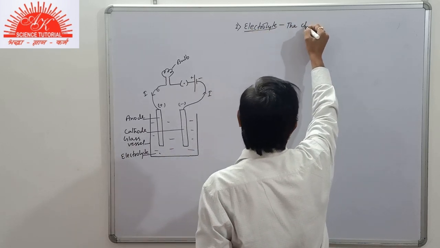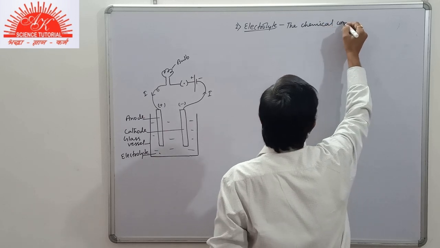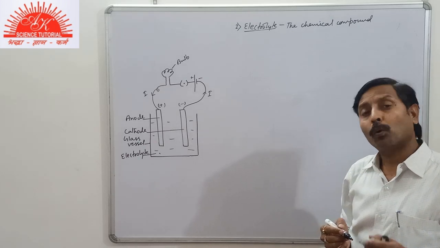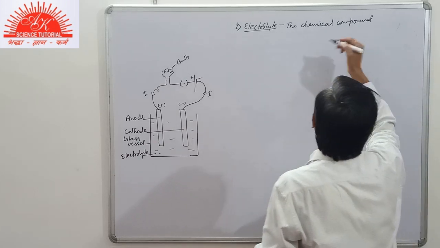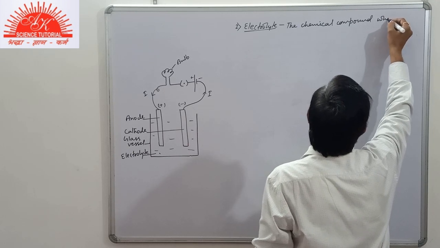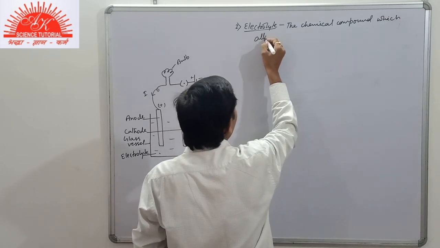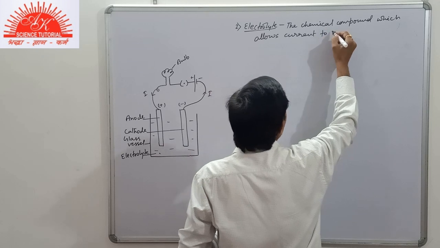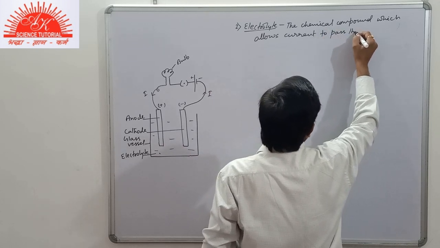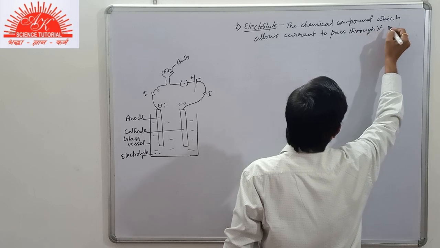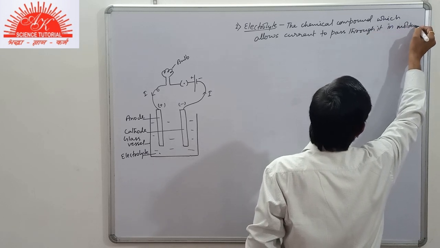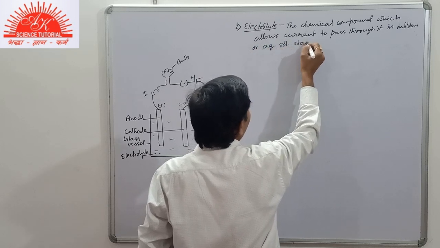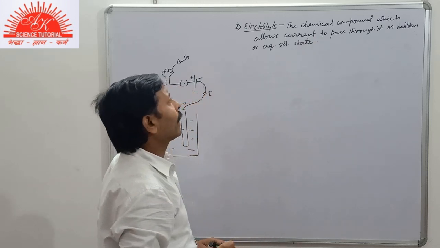The chemical substance, the chemical compound, generally they are ionic compounds or sometimes polar covalent compounds in aqueous solution. The chemical compound which allows current to pass through it in molten or aqueous solution state is called an electrolyte.